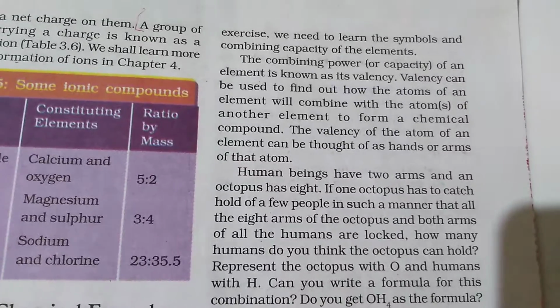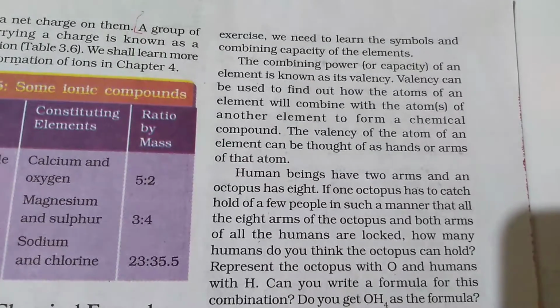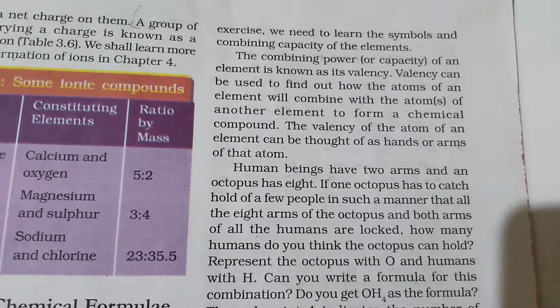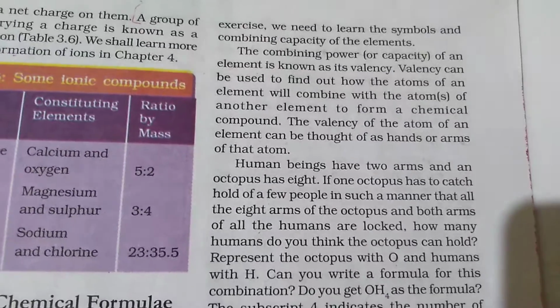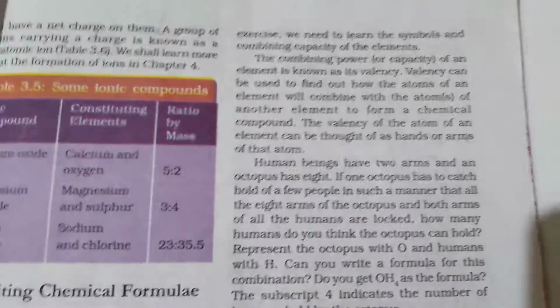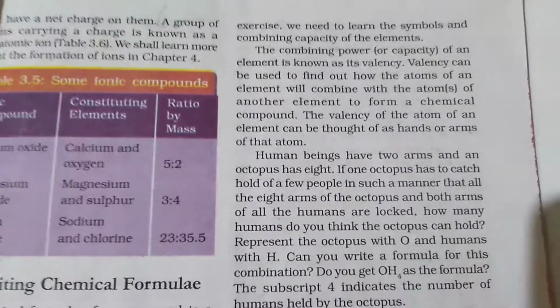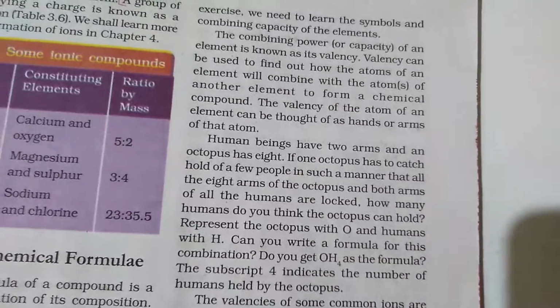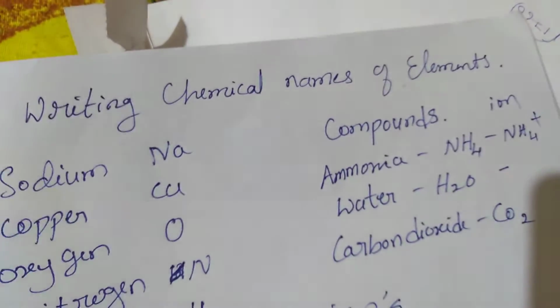This +1 is nothing but an attraction capacity. Plus means they are ready to give up electrons, minus means they are ready to attract electrons. That is called ions. Here I have given the chemical names of the elements, written symbolically.